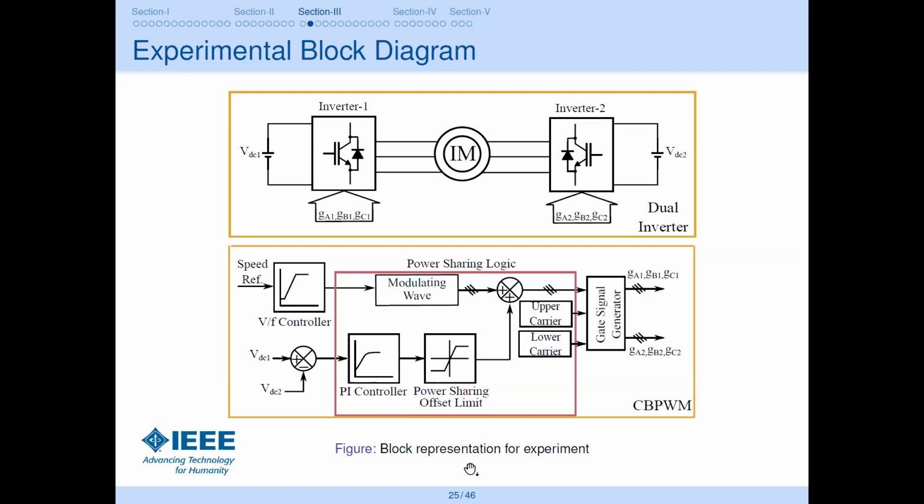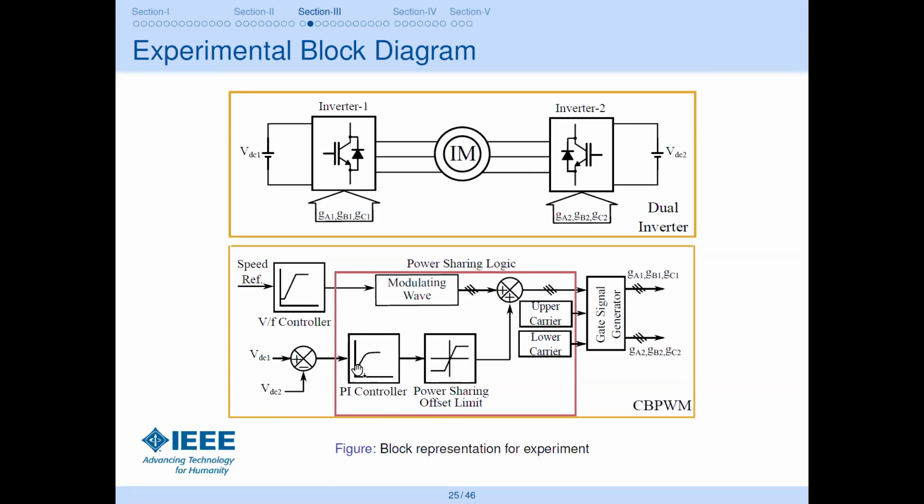You can see here in the red highlighted box the power sharing logic, where the comparisons are done based on the DC voltages of the DC sources.